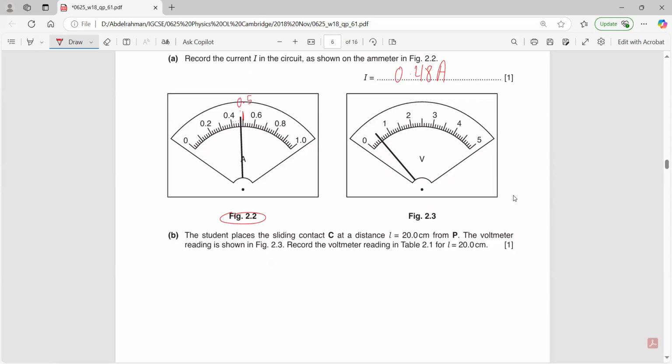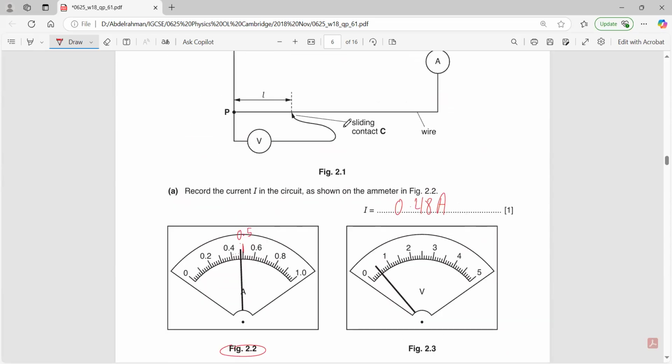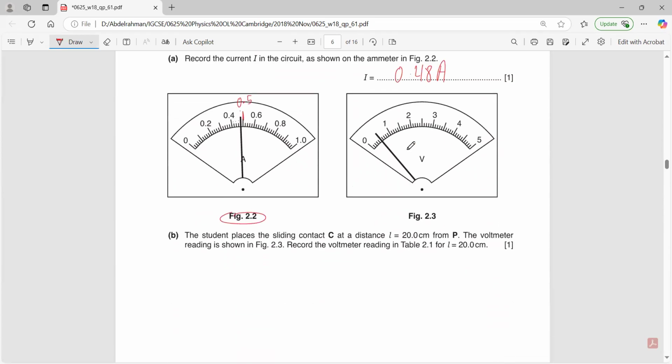The student places the slide in contact at C, which is at a length of 20 centimeters, and takes the reading from the voltmeter. Record the voltmeter reading in the table on the next page.